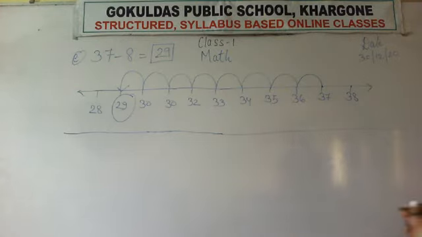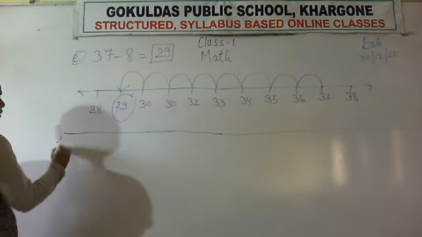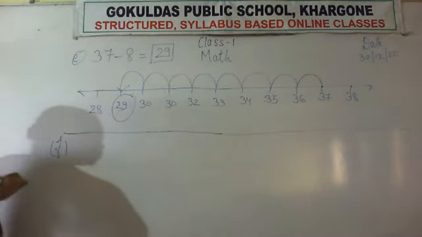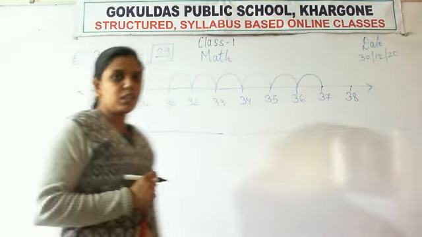Now dear students, try to solve question F. This is an extra question. This question is not given in your book. I am giving you one extra question to solve.